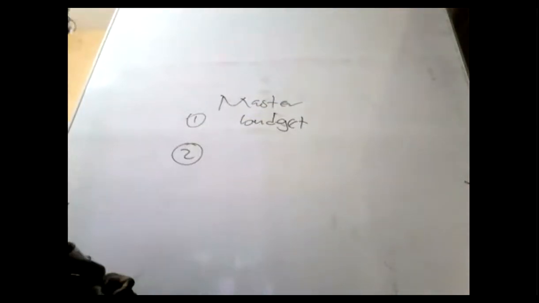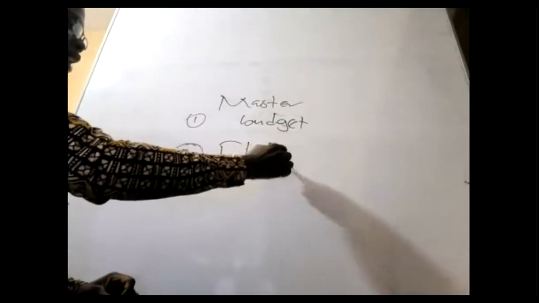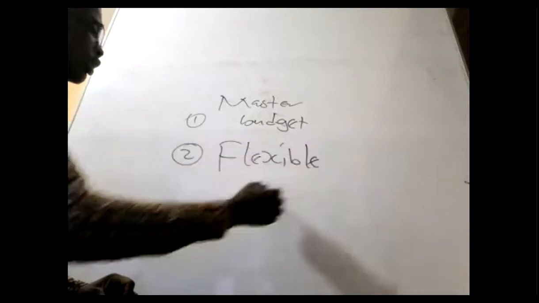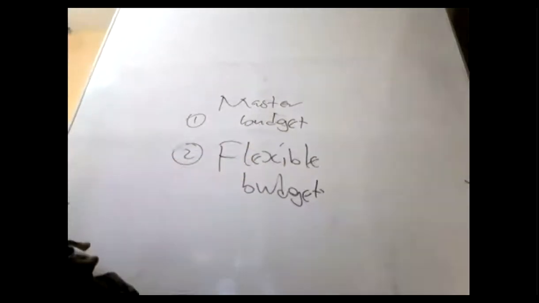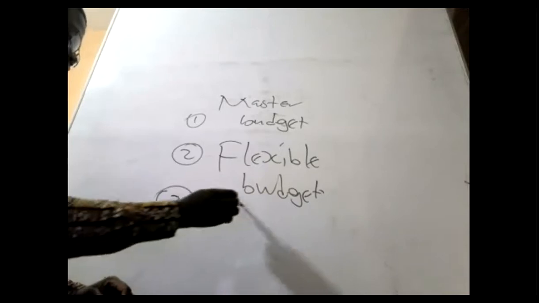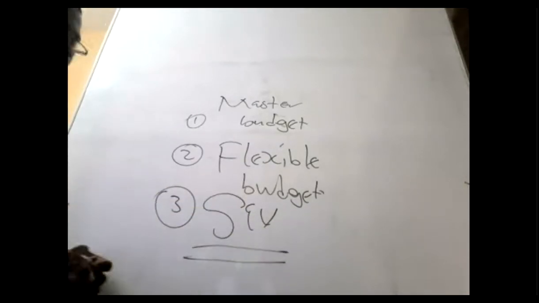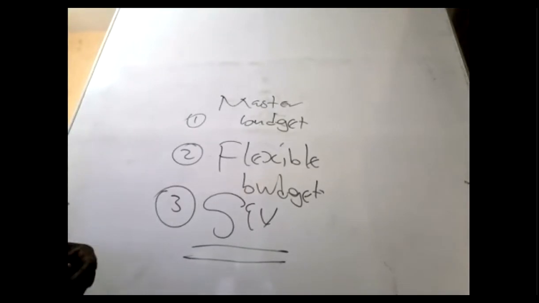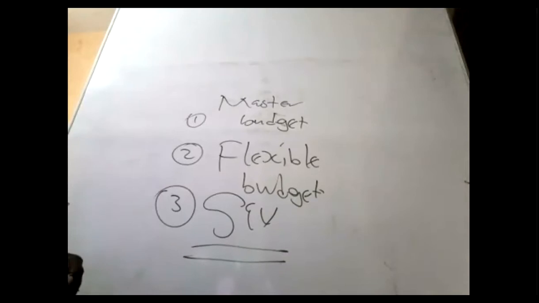Second, we look at the flexible budget, how to flex a budget. That's the agenda for today. And basically, we introduce ourselves to standard costing and variance analysis. These are the three agendas.